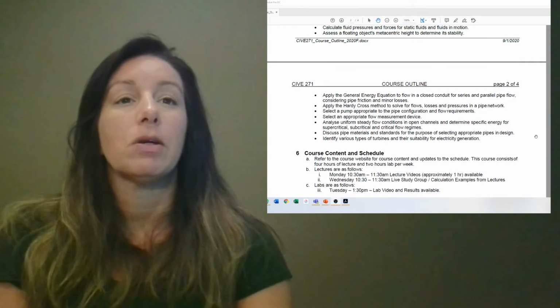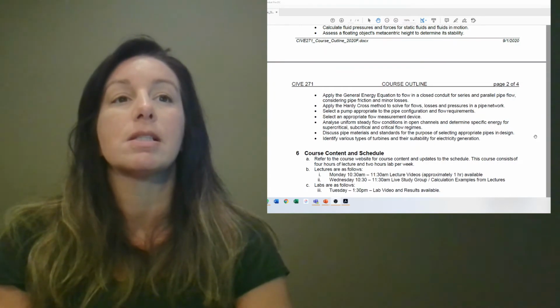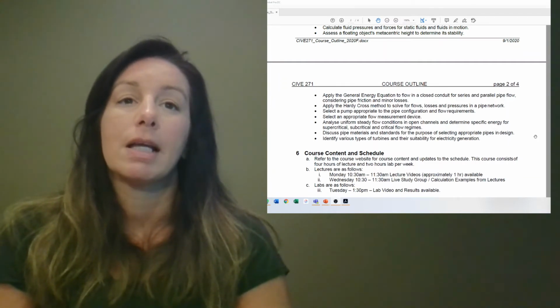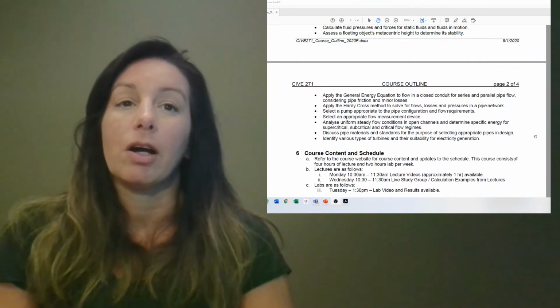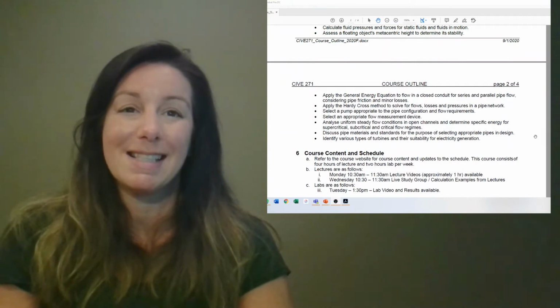You'll apply the general energy equation for flow in a closed conduit for series and parallel flow, considering pipe friction and minor losses. You'll also be applying the Hardy-Cross method for flows, losses, and pressures in pipe networks. So again, if it doesn't make sense now, it will.